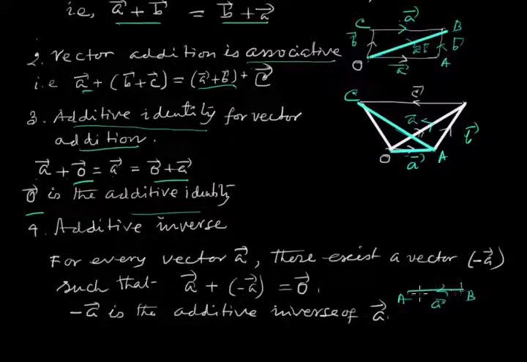So we move from B to A. So ultimately we come back to the original position, and we can define this as the zero vector. So A plus minus A is a zero vector. Minus A is the additive inverse of A.